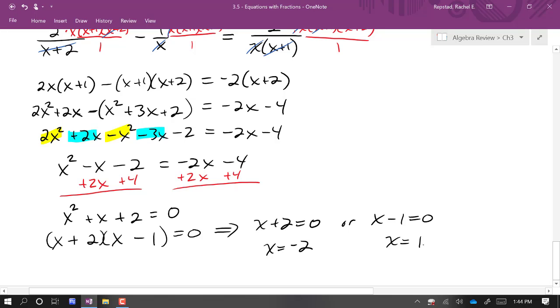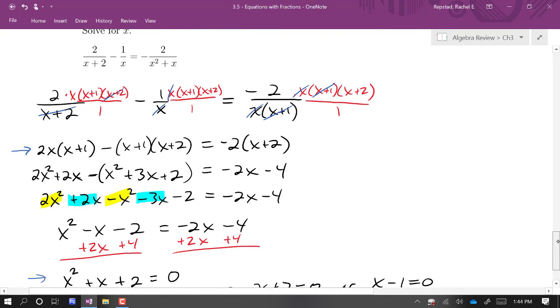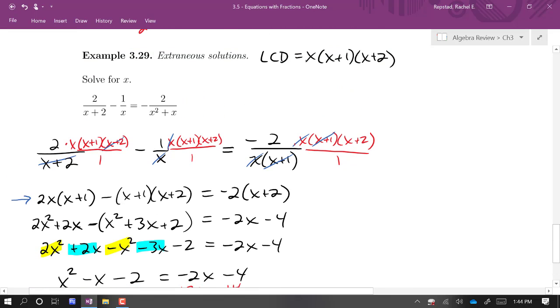So it looks like there's 2 solutions to this equation, and these 2 are absolutely solutions to this equation, right, and this equation. But if we check this up here, we'll note that the LCD is x times x plus 1 times x plus 2. And that comes from seeing what factors are present in my denominators to begin with.